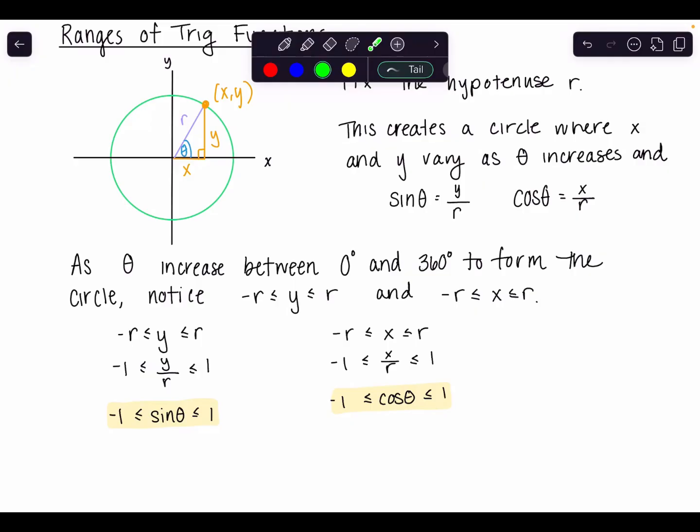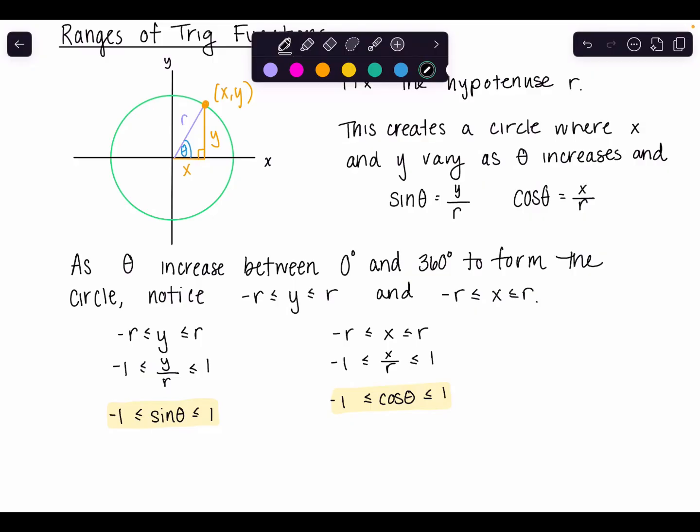Because if I pick a point like right here, my x value is so small, but my y value could be like 5. Doesn't matter though, because 5 divided by a small number blows up to something huge. So really your tangent and your cotangent function can be anything you want. The range is -infinity to +infinity.